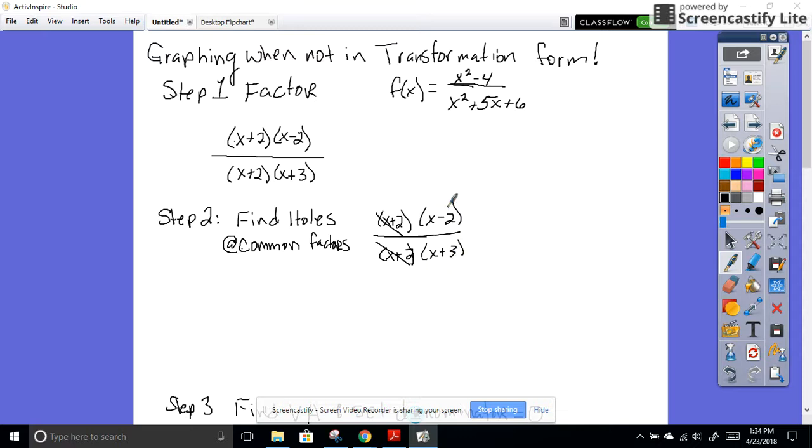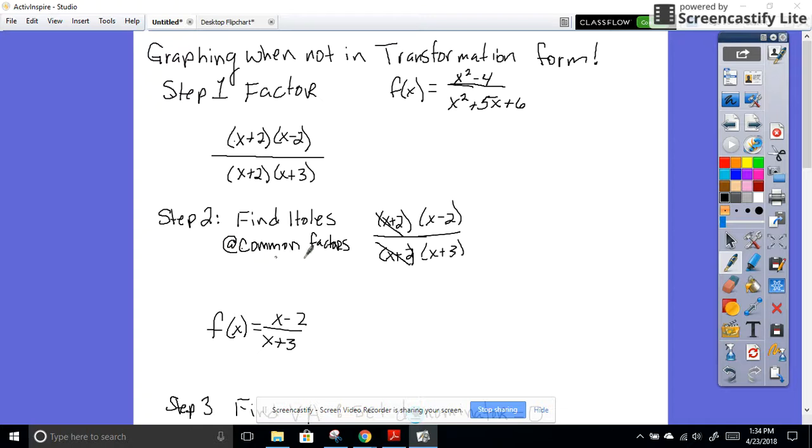So the simplified version of this problem, f of x right here, the simplified version is going to be x minus 2 over x plus 3. That's the simplified version because the x plus 2's canceled out. But you need those x plus 2's. You take the common factors to find holes.